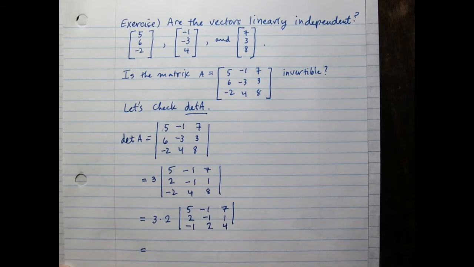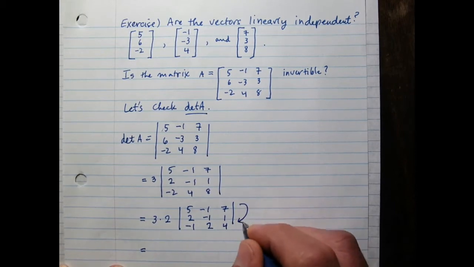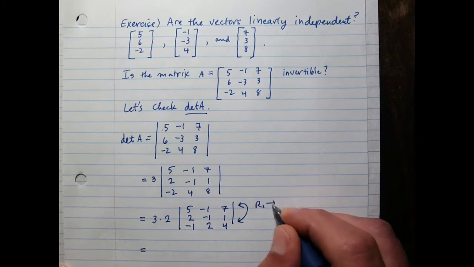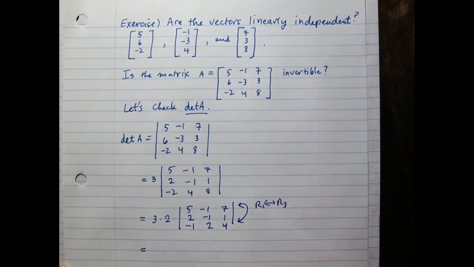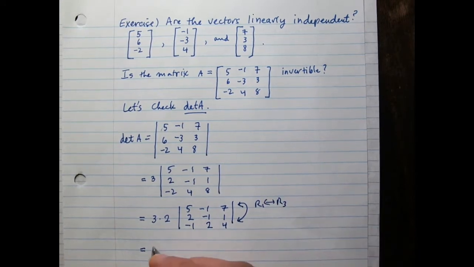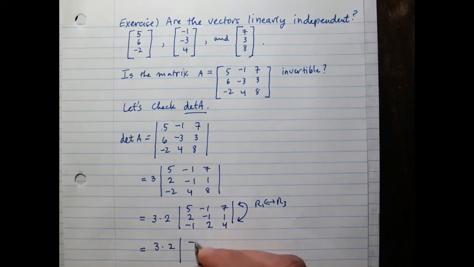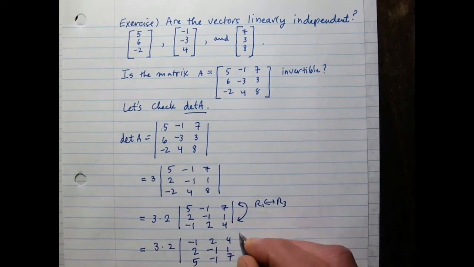I could interchange rows too. I don't know why you would want to do this, but I just want to have at least one example on video where we switch two rows. So if I interchange two rows, -1, 7.